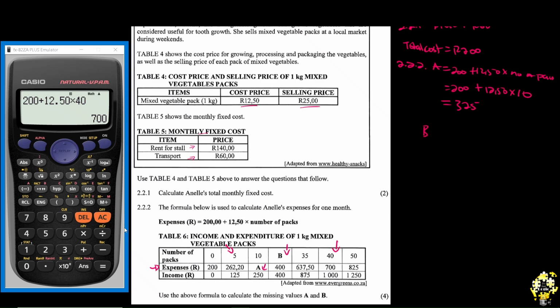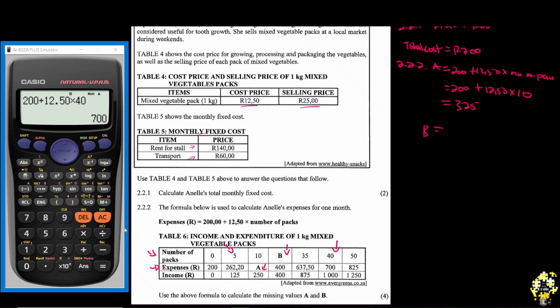So for B, what are we calculating? The number of packs. Do you remember what we did with regards to the number of packs? Yes, I guess you do. We did something such as this. There are many ways in which you can find the number of packs.